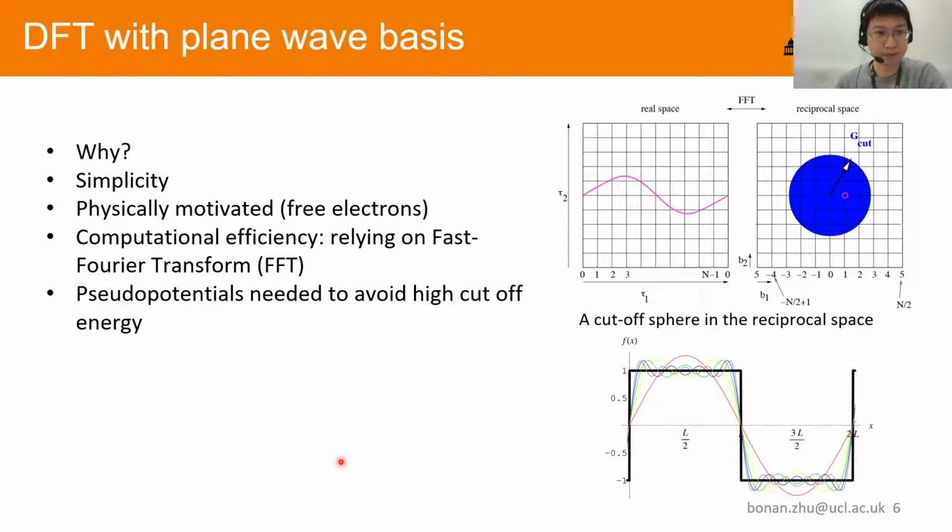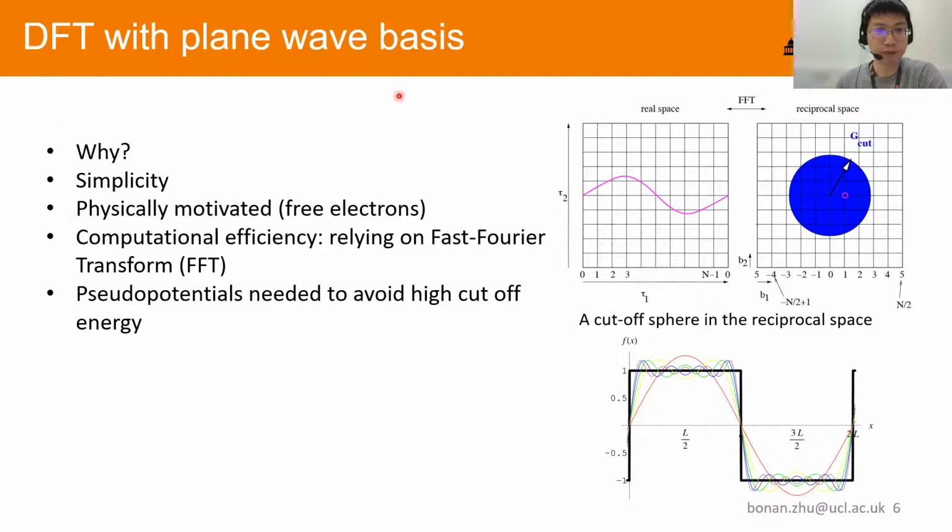So why do we want to do plane wave DFT? For this auxiliary system, we still have to solve for the electron wave function, but these are single particle wave functions, and they are most efficiently represented using some kind of basis function.